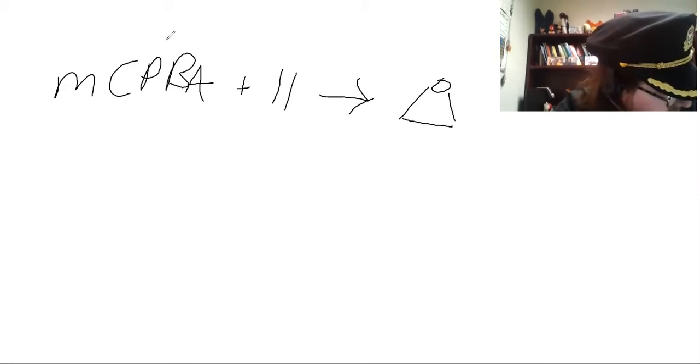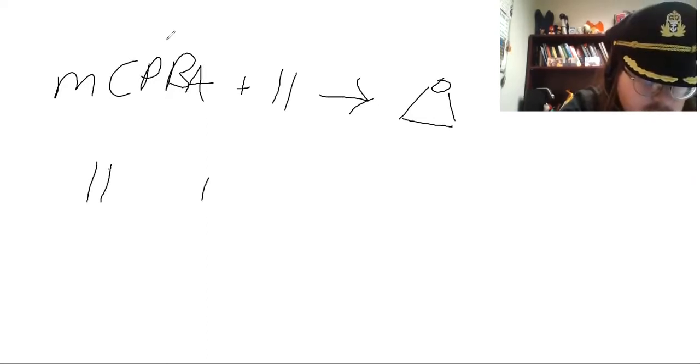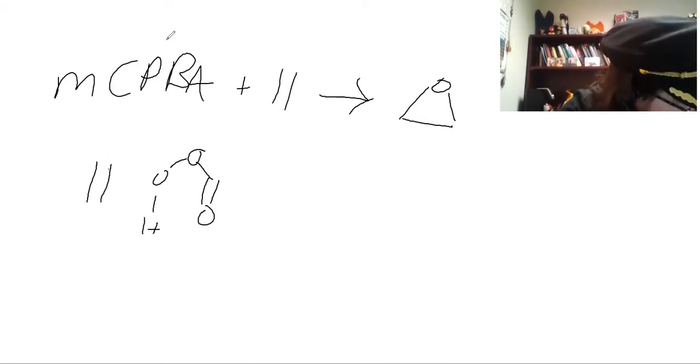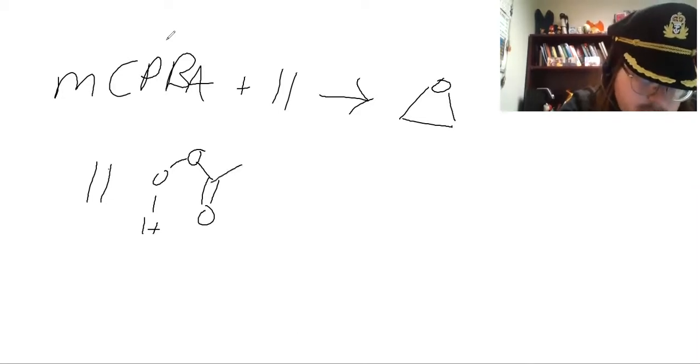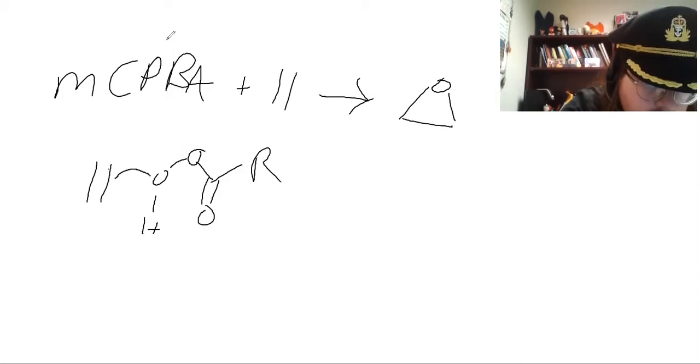And this 3-membered ring can then open up in the presence of a nucleophile. So how does this work? You have a ring and you have a peroxide. The peroxide looks something like this. The ring attacks this oxygen.